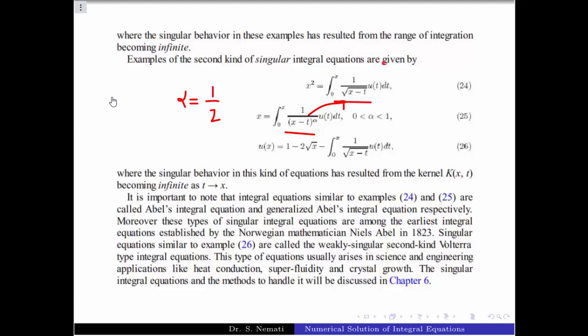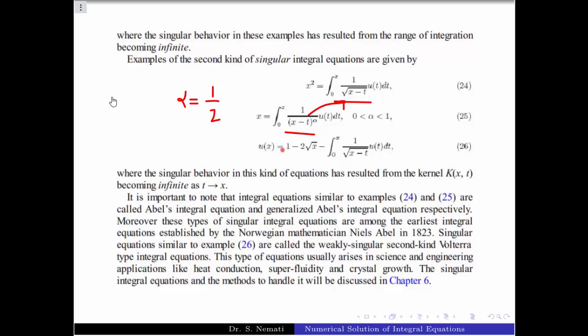So equations with this kernel, which are first kind integral equations, are called Abel's integral equation. And the second one here, and all equations similar to this, are called generalized Abel's integral equation.